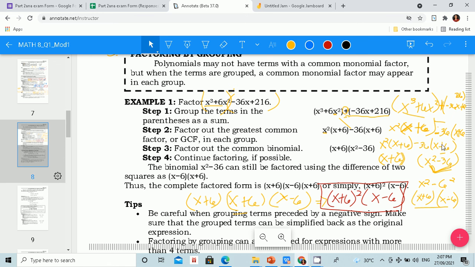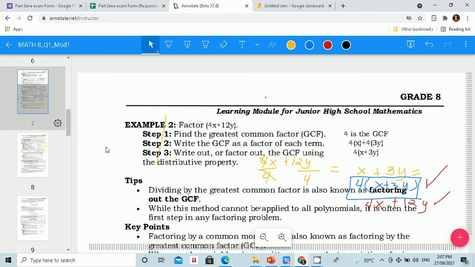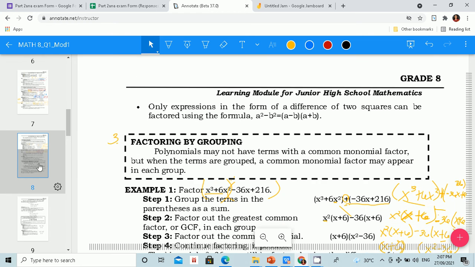But then, because we have x plus 6 as the first factor, we combine it with the negative 36. So we have x squared minus 36, and we factor it using the difference of two squares.